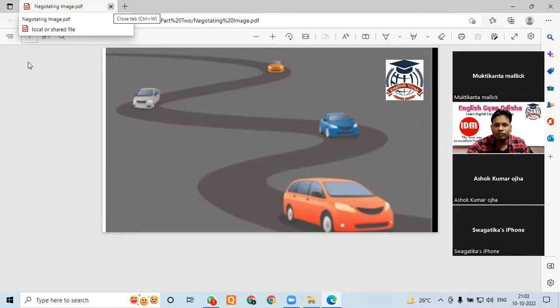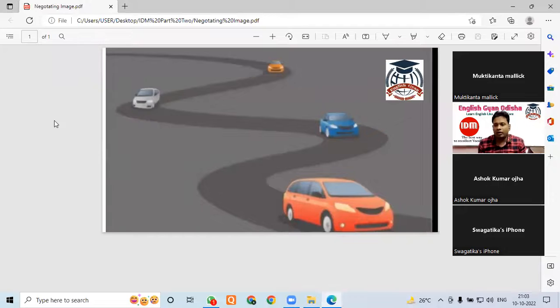Suppose you are driving your own vehicle and you say, oh my God, this road is full of curves, and today I had to negotiate five such curves before reaching here safely. You can say the car turned turtle while it was negotiating a curve.